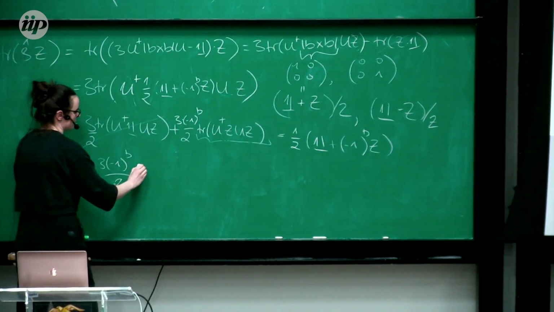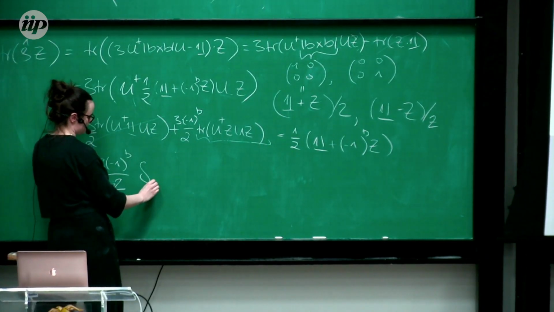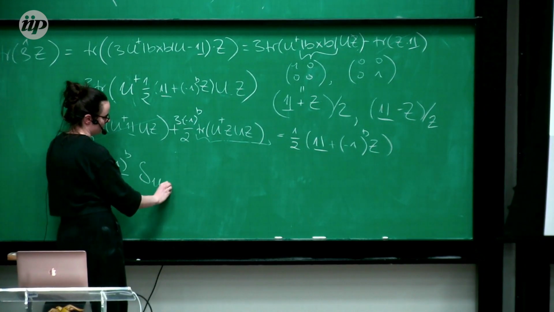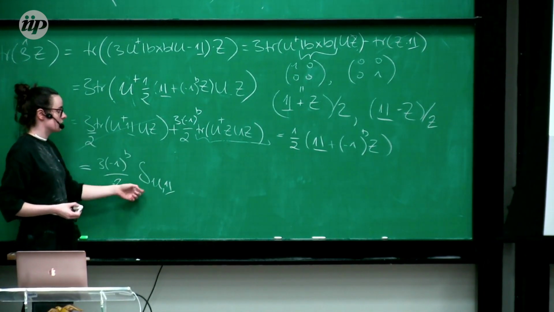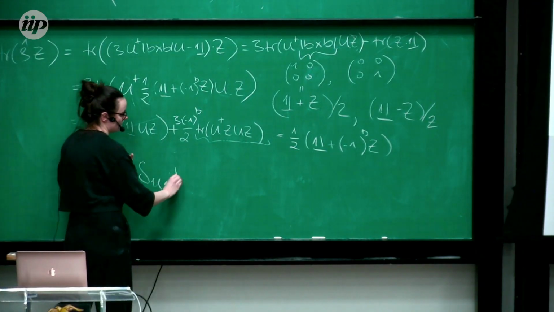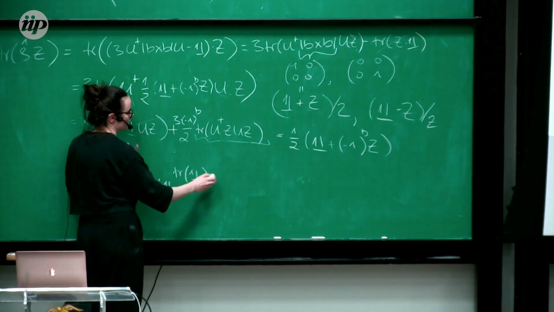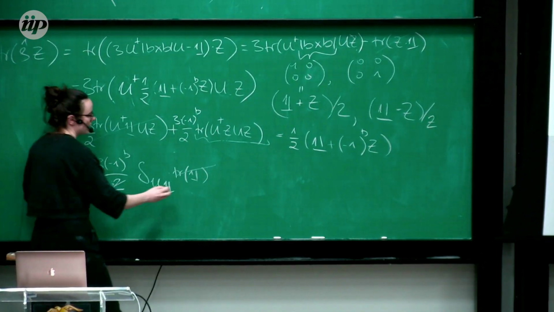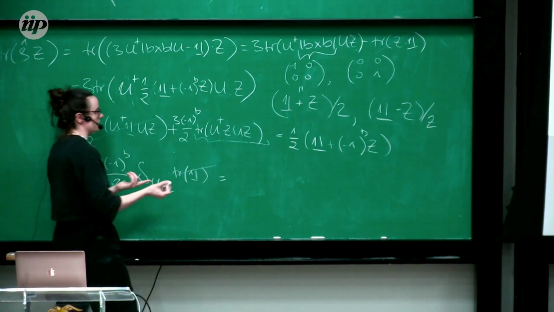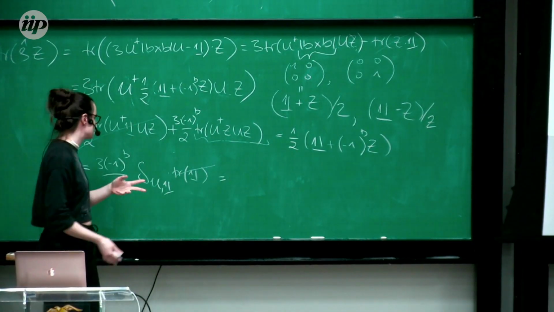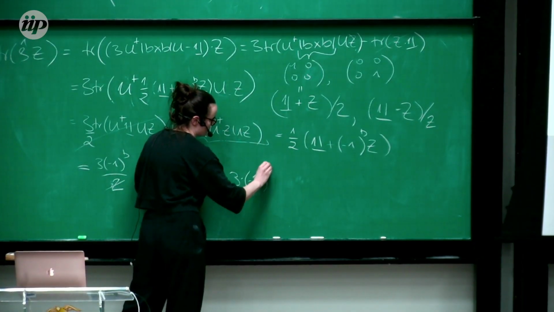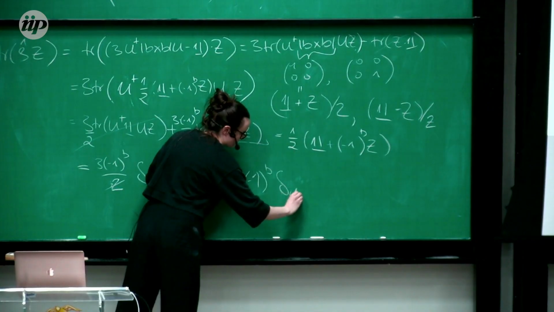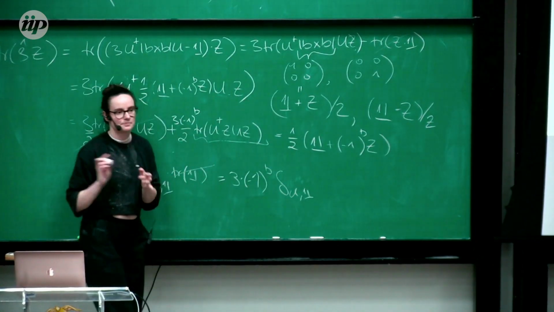So this is a delta of U being identity, which means this is 1 if U is identity, and it's 0 if U is not identity, times the trace of identity, which is 2. So we can cross this away. So our single shot estimator, without having to touch any matrices, is actually 3 times minus 1 to the power of b times delta, my U has to be identity.